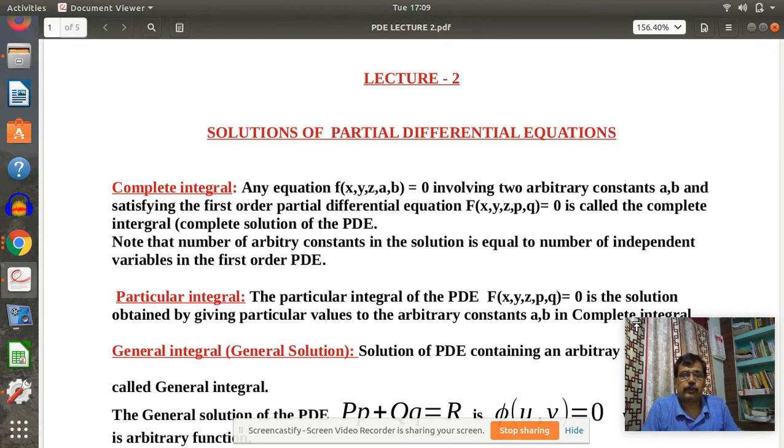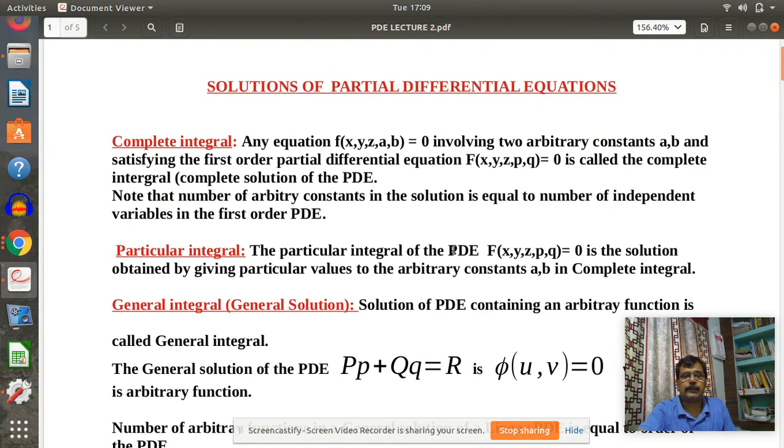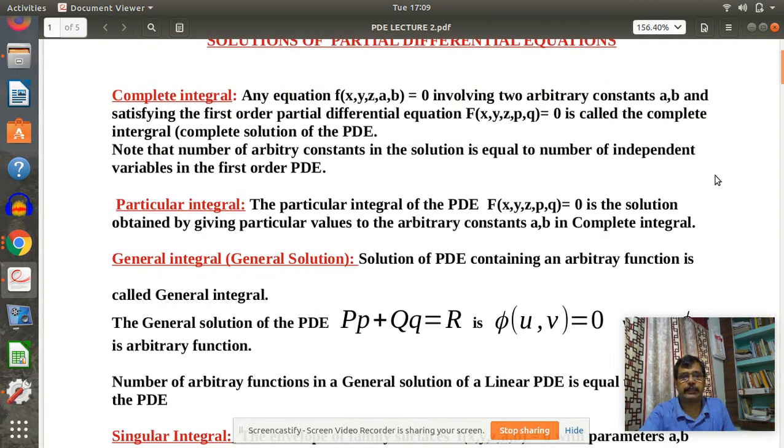So before explaining different methods of solving partial differential equations, I would like to explain some definitions regarding solution of partial differential equation. The first one is the complete integral. I already mentioned that a solution of a partial differential equation is the value of the dependent variable which satisfies the equation.